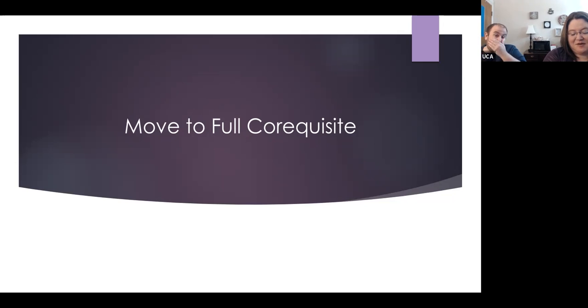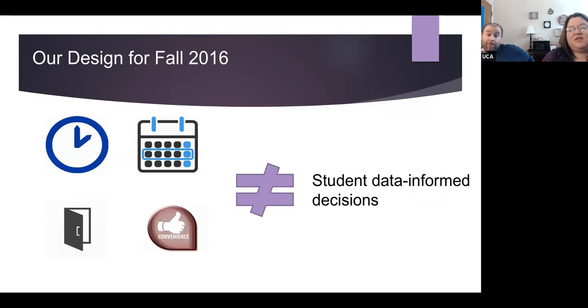I'm going to talk to you about our move to full co-requisite and how things went, how things happened before and then after we looked at some data. Our designs for fall 2016, our first semester completely full co-requisite, were just based off of convenience.